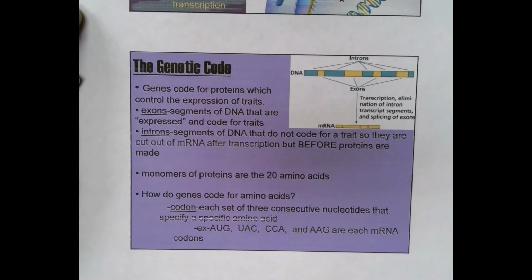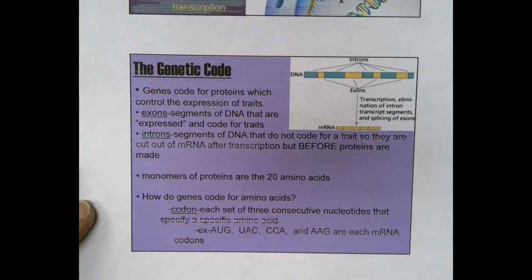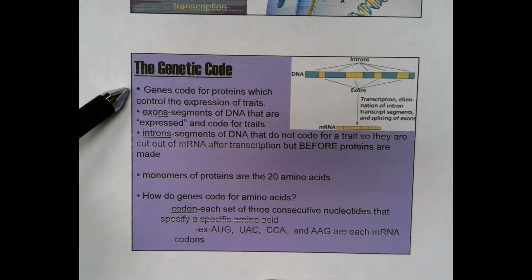So now we're going to go to this next slide, which is where I had started, that says the genetic code. Okay, so as far as explaining this, here it says genes code for proteins, which are going to control the expression of traits. We've talked about that several times this year.